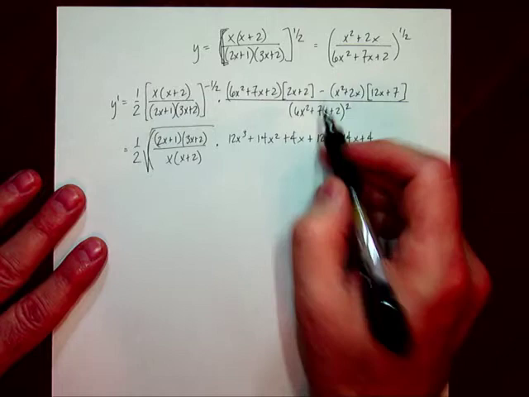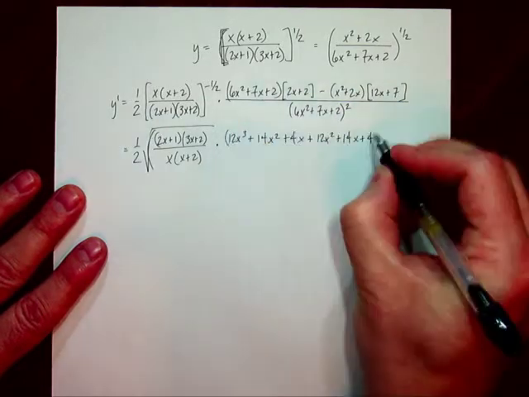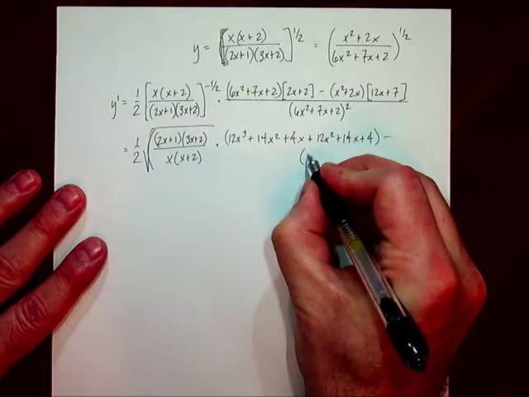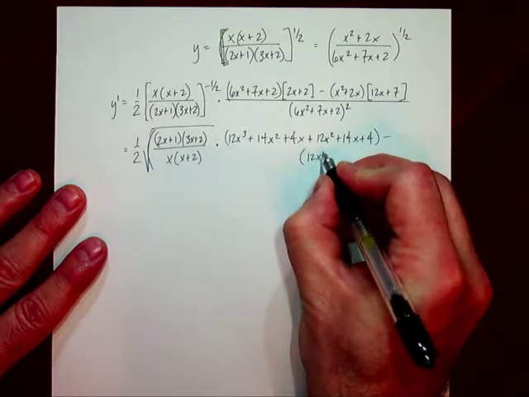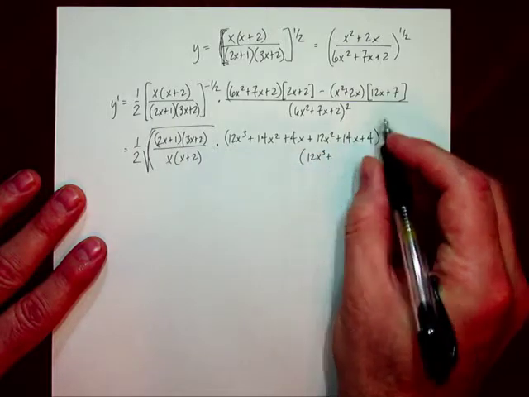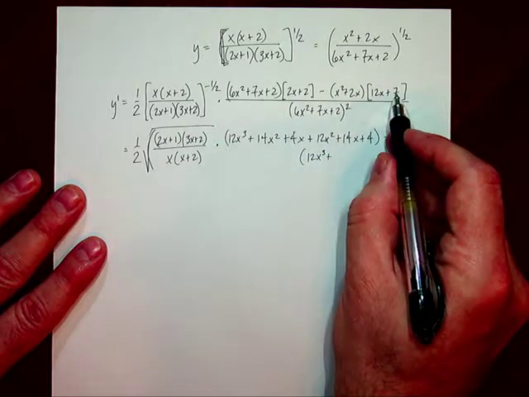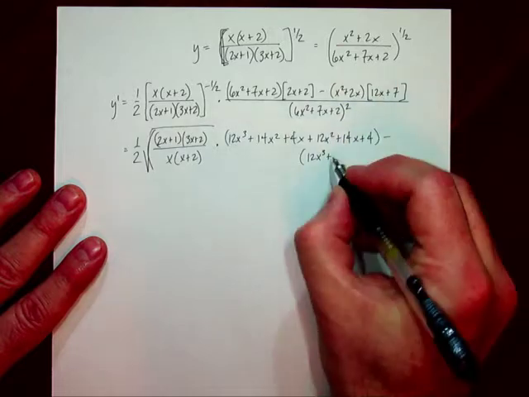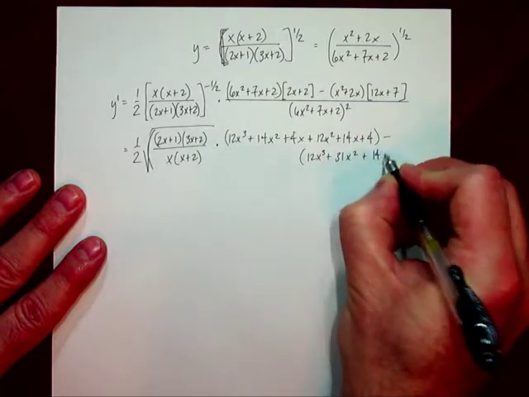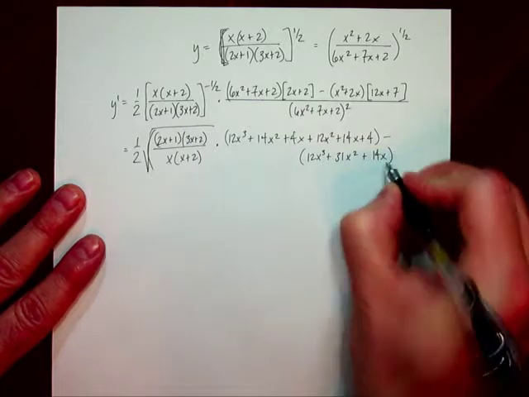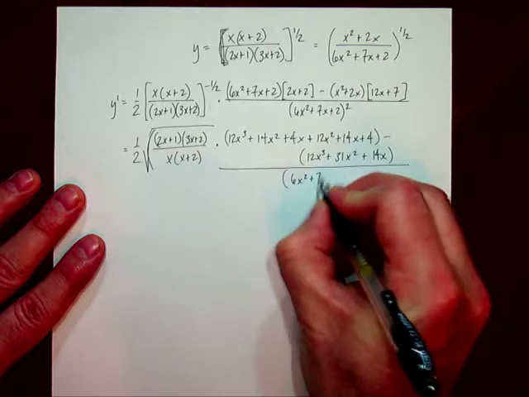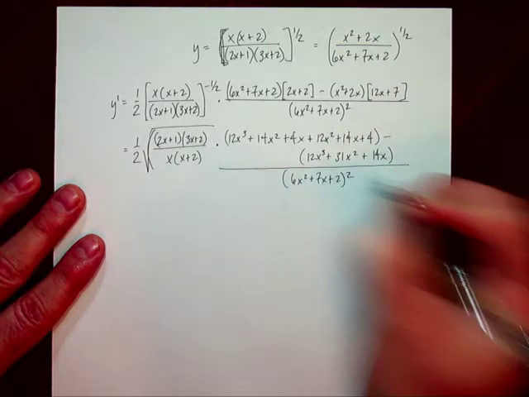And then of course you have to deal with that negative, which needs to be distributed across whatever this product is, 12x cubed. So that's first, outer and inner. So the outer is going to be 7x squared. This is going to be 24x squared, so that's 31x squared plus 14x. Okay, all of that over 6x squared plus 7x plus 2 squared.